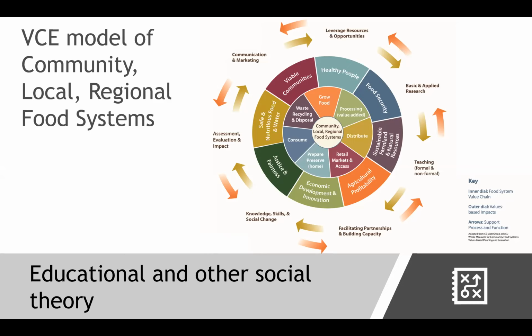But you see in the outer ring with the arrows, which gets at the support and process function of this type of programming, things like knowledge, skills, social change, facilitating partnerships. So those are the types of outcomes that you could even see at the short and medium term level. And there's more resources available on this through the Virginia Cooperative Extension site.